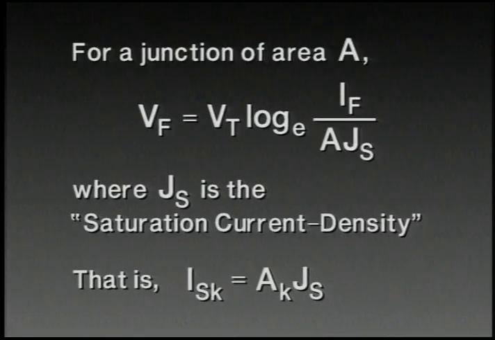In practice, there's a slight error in the relationship between the I sub s's and the current densities and the areas, but we needn't be too concerned about that at this point. So we end up with this expression shown at the bottom, that the saturation current for the kth junction is simply the area of the kth junction times a general variable, J sub s, which is characteristic of that particular doping profile, that particular junction type.